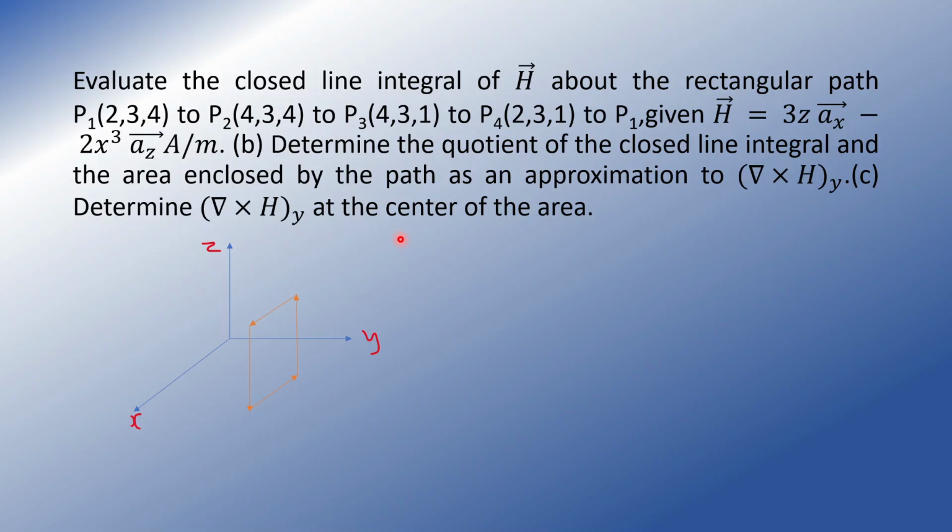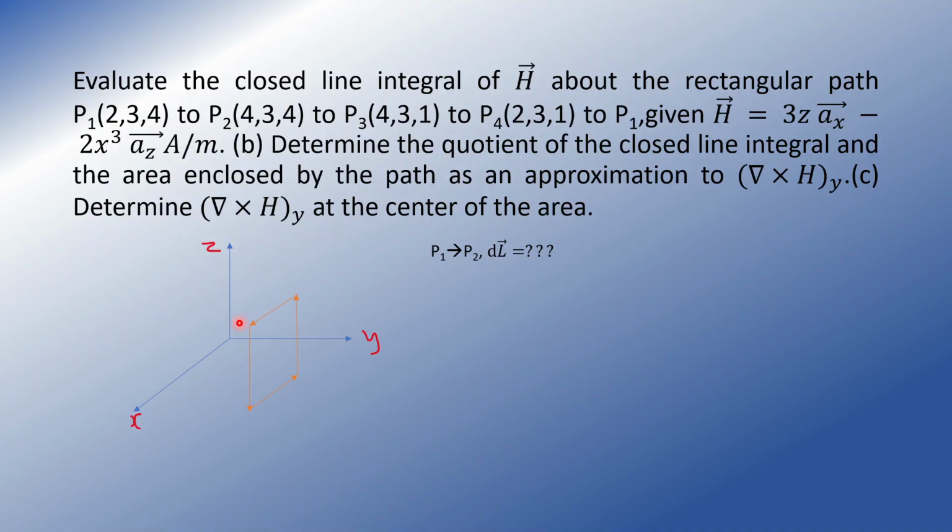Now we are supposed to evaluate the line integral of H dot dl for this rectangle with the given points. Let us do it one by one. What is the dl vector for points P1 to P2? The direction for P1 to P2 is the x direction.